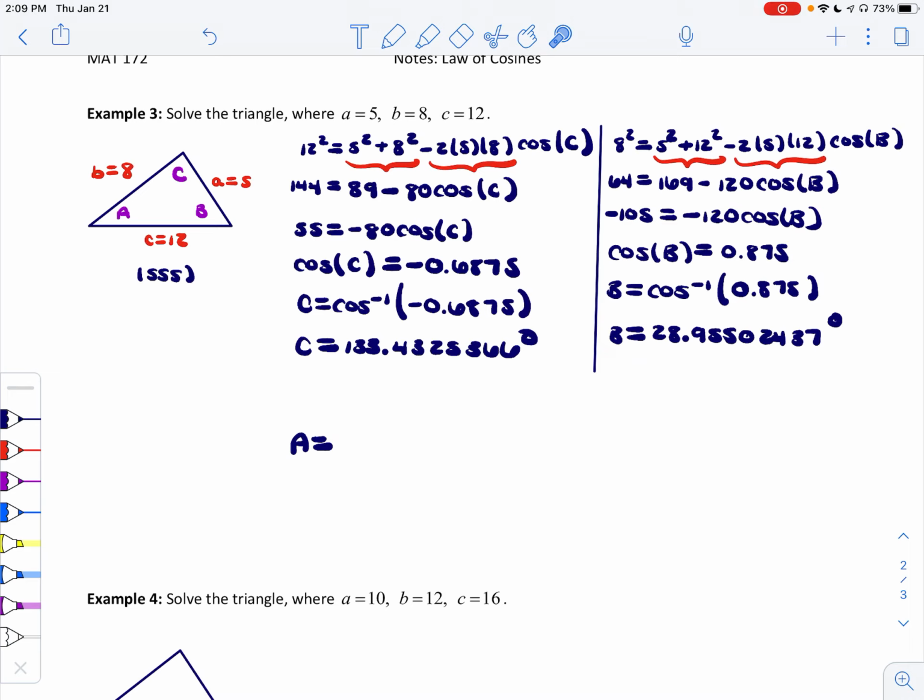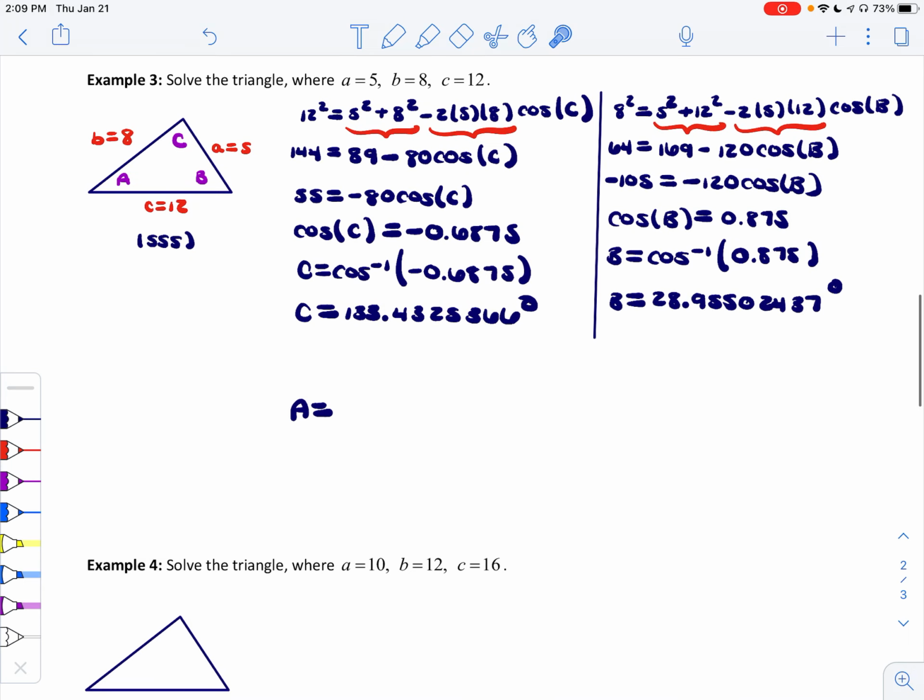So 180 minus 133.4325366 minus 28.9550243, and we come out with angle A is equal to 17.6124393 degrees.